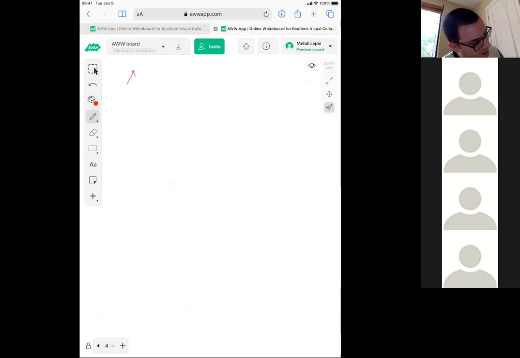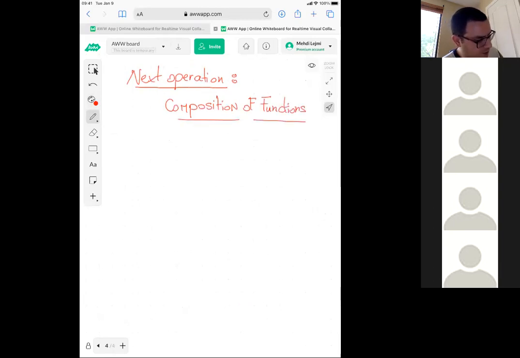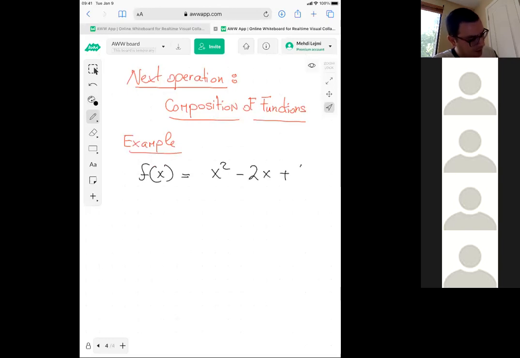So the next operation is composition of functions. Let me explain with an example what I mean by composition of functions. I'm going to start with some random function f. Let's say f of x is x squared minus 2x plus 4, right?